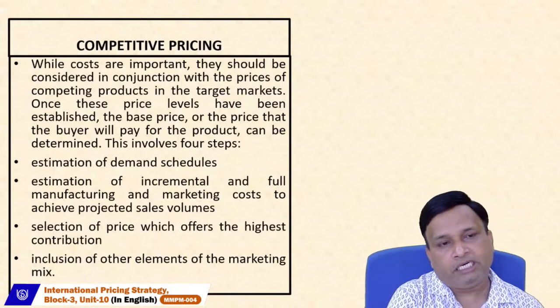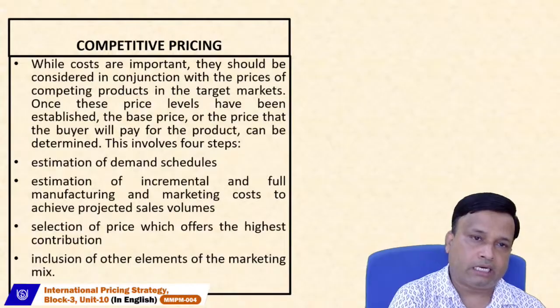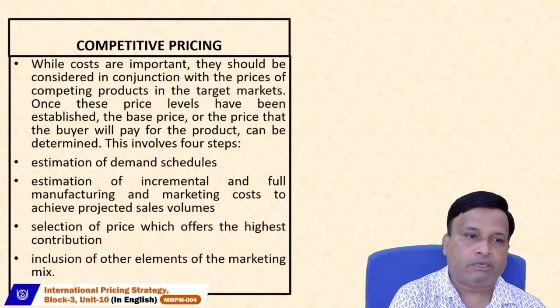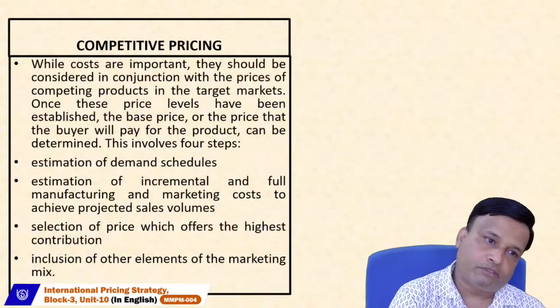When you talk about competitive pricing, while costs are important, they should be considered in conjunction with the prices for competitive products in the target markets. Once these price levels have been established, the base price, the price that the buyer will pay for the product, can be determined. It involves four steps.